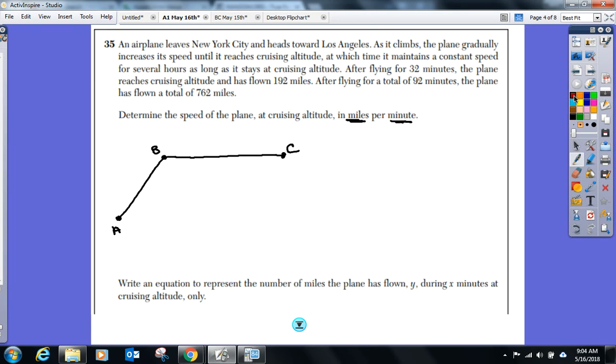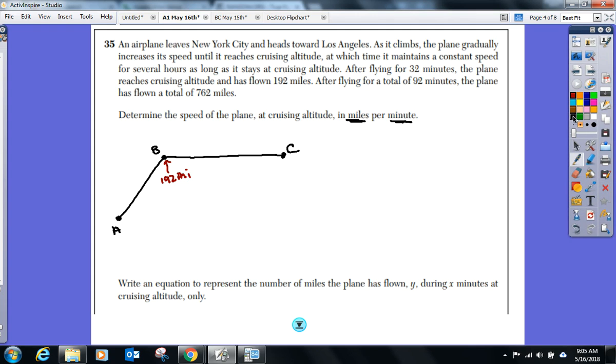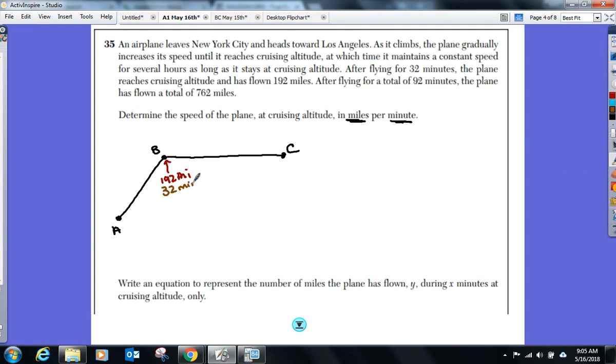Okay, so at point B, it's gone how many miles? 192 miles. And how many minutes? 32. So at point B, it's gone 192 miles, and it's been in the air for 32 minutes.